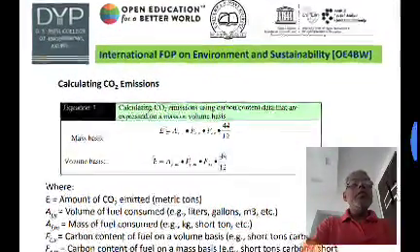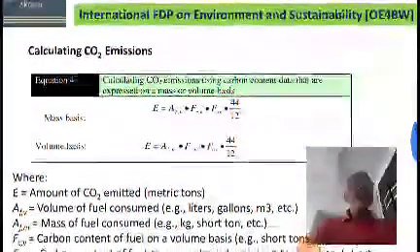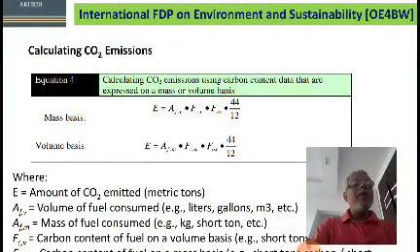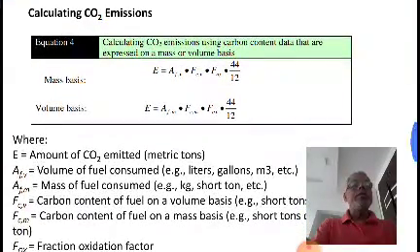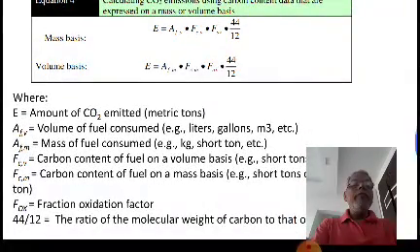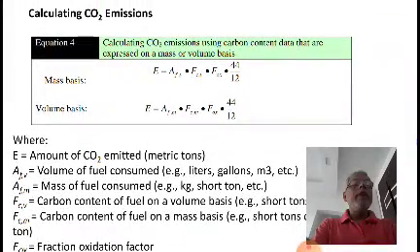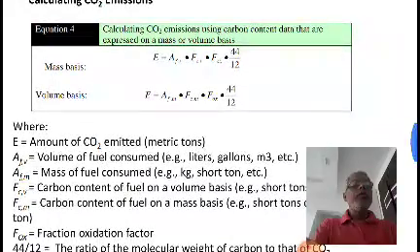Then calculating the CO2 emission. So calculating the CO2 emission using carbon content data that are expressed on a mass or volume basis. You can see that there are two equations, mass basis and the volume basis. Here AFV represents the volume of the fuel consumed, and AFM in the second equation, mass basis, represents the mass of the fuel consumed.